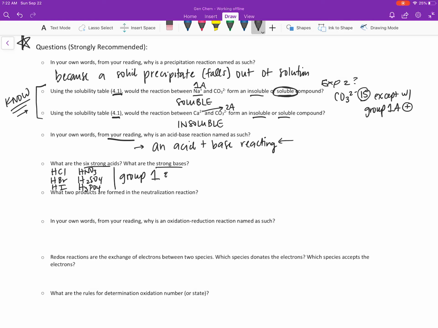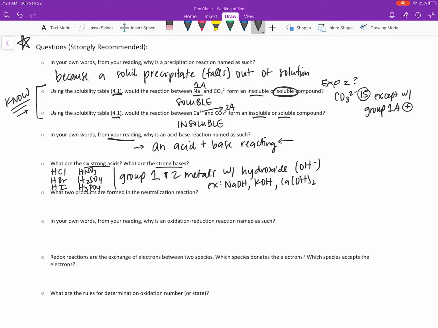Instead, we're going to say that any group 1 and group 2 metals that are with what's called a hydroxide, which was one of your polyatomics, OH minus, is a strong base. Some examples are things you've already seen in lab and things I've told you are a strong base.